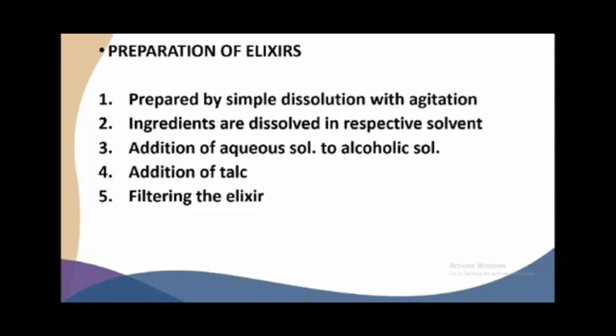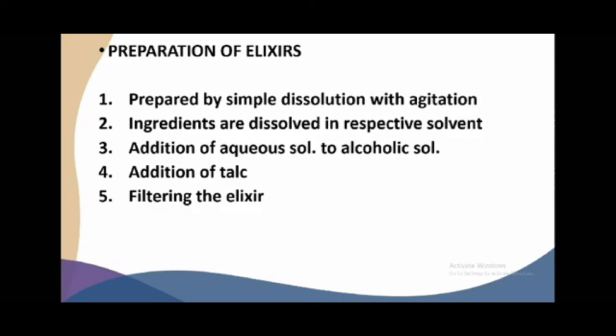First and foremost, elixirs are often prepared by the simple dissolution with agitation, meaning it involves a dissolving of solute to the solvents. The second process would be the ingredients are being dissolved in their respective solvents.